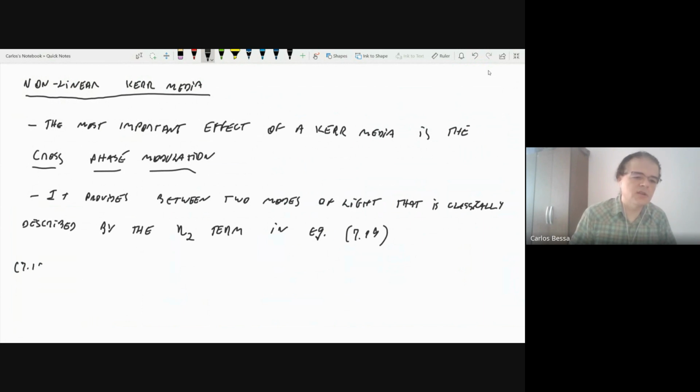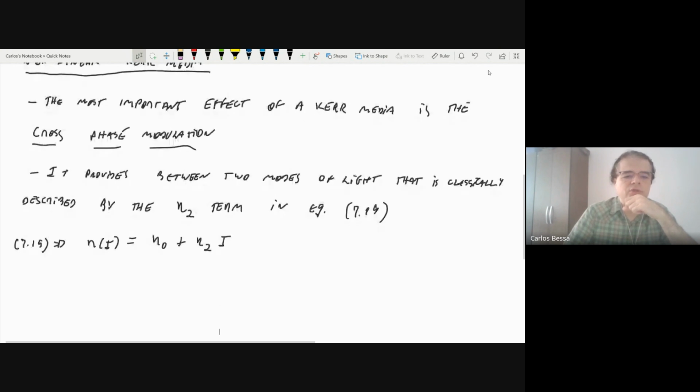Equation 7.19 is this one that we found in the last lecture, n2 I, where I is the intensity that's proportional to the square of the amplitude of the electric field.